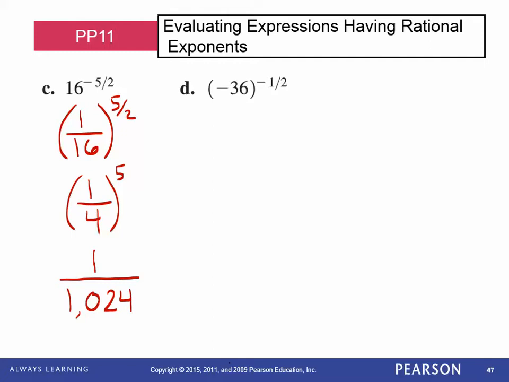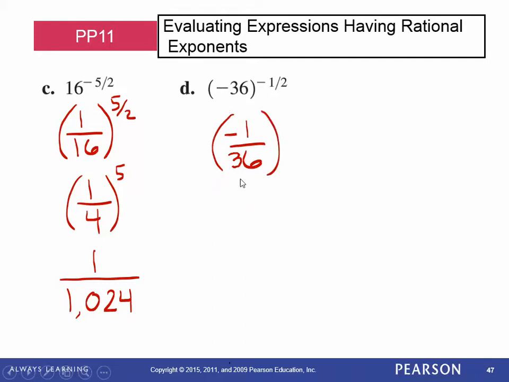Okay, again, just dealing with this here. B, let's deal with this. Negative 36 in parentheses now, taken to the negative 1/2. So first of all, I'm going to deal with this little negative issue in the exponent. And I'm going to take the reciprocal of negative 36. So whenever we take a reciprocal of a negative number, what we typically do is we leave the negative out on top.